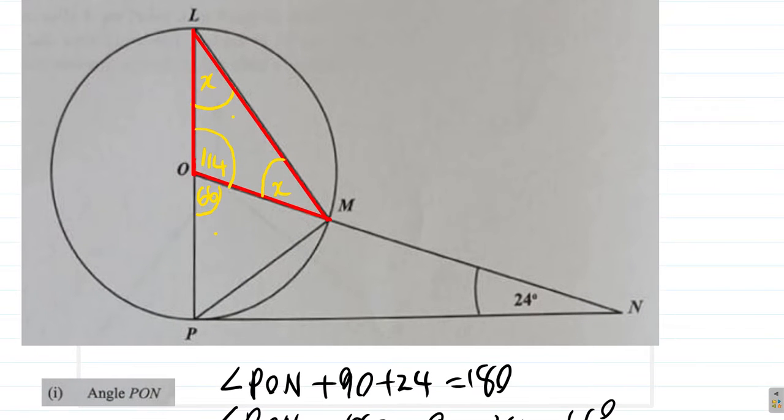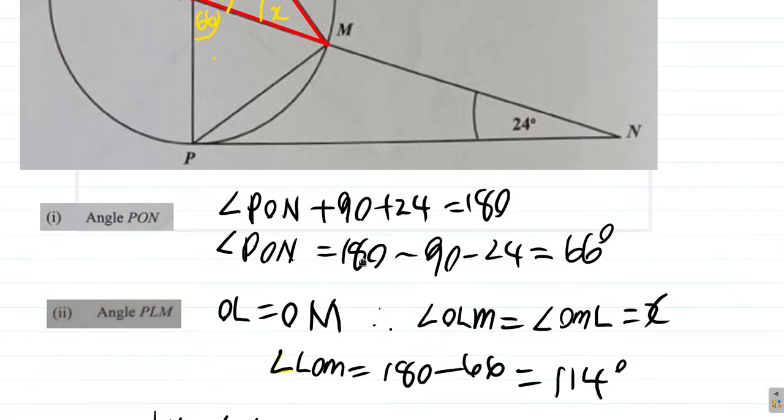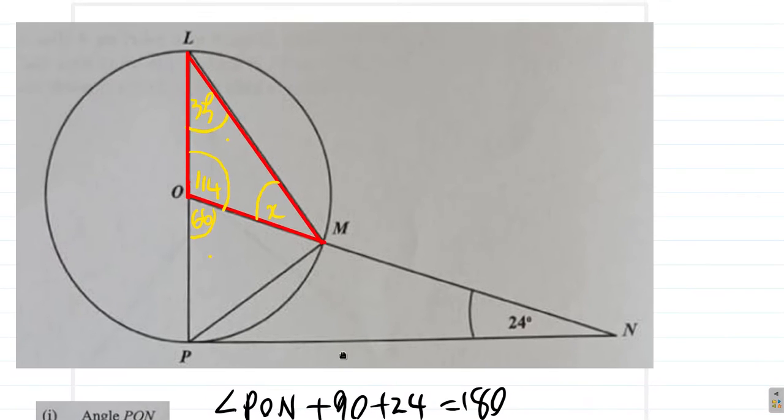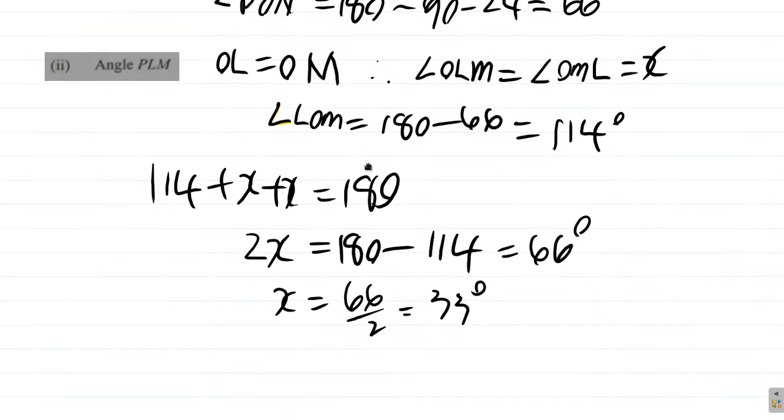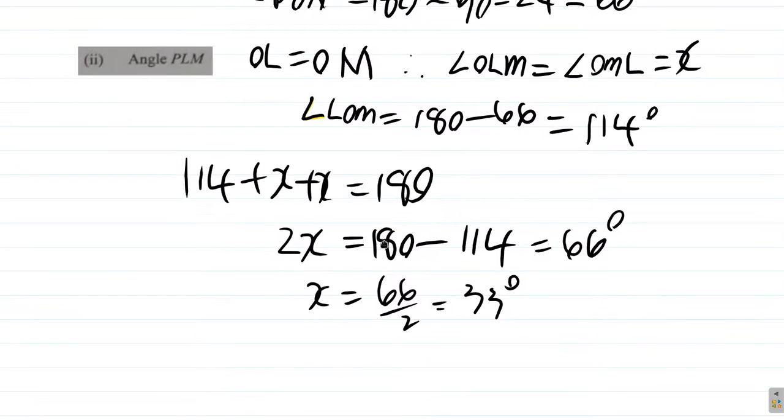So what we call X is really 33 degrees. So PLM is 33 degrees. Alright?